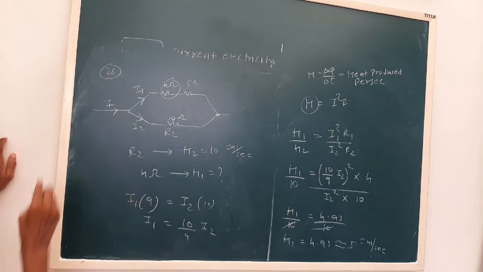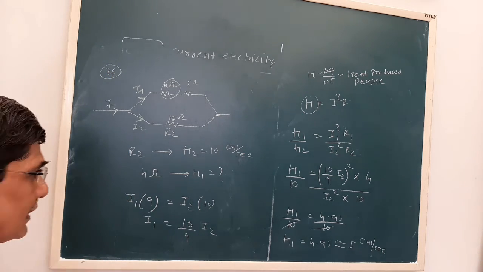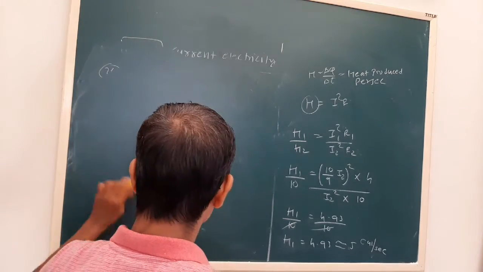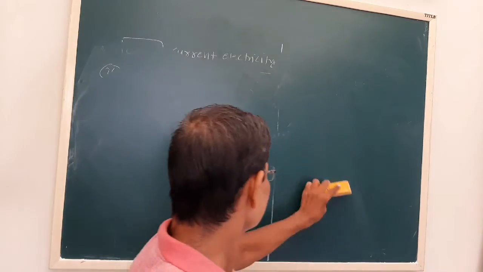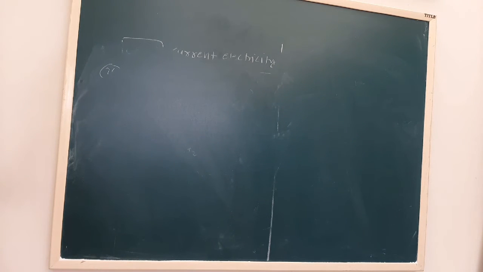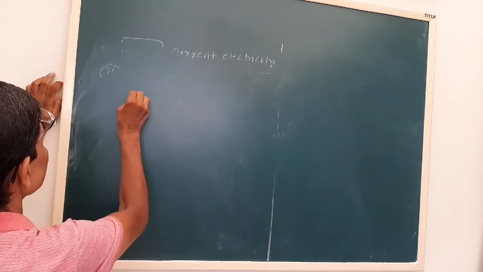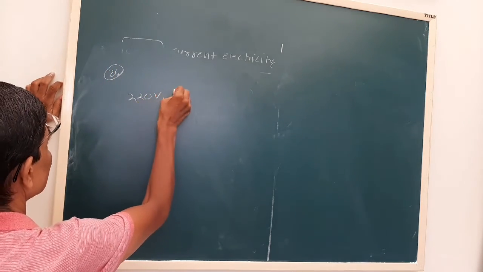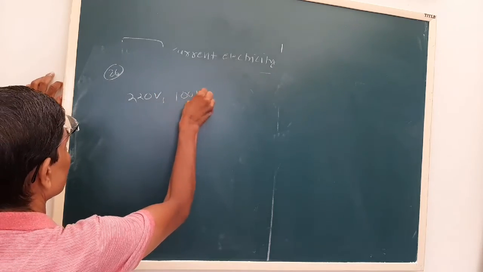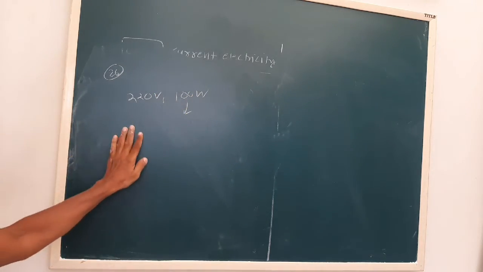Now see MCQ number 27. Two bulbs of 220 volt and 100 watt. Now this is the power rating and this is the voltage supply.